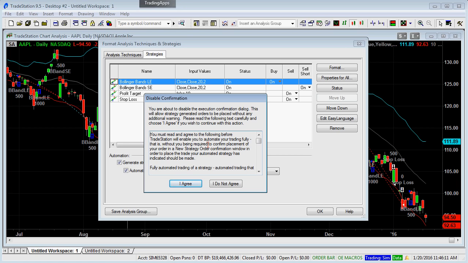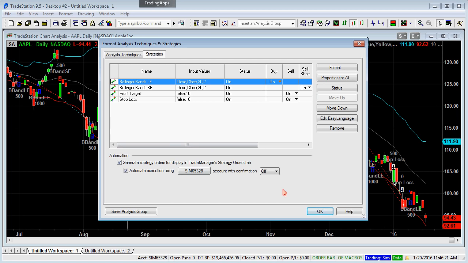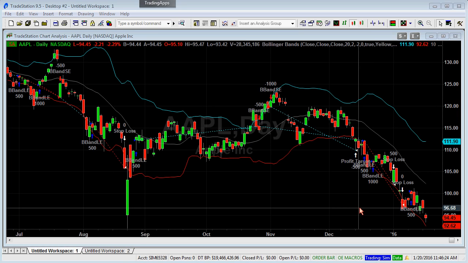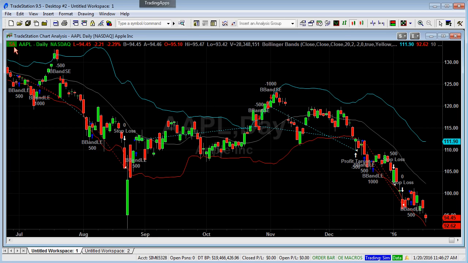Now you're really going to have to be aware of your computer and see what's happening, because now the strategy is going to be on its own entering trades for you. If you agree, this is called a fully automated strategy. And if I click OK, the strategy is turned on. The SA indicator right here on the top left corner tells me that the strategy is automated.